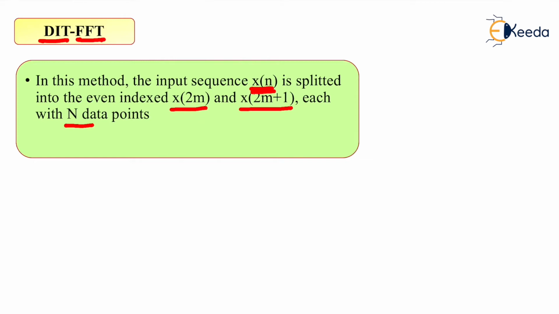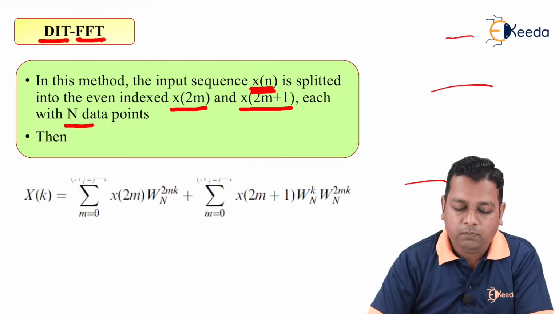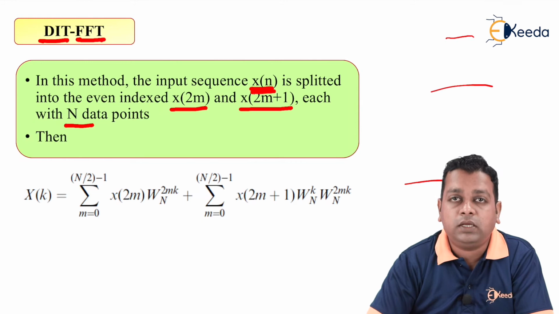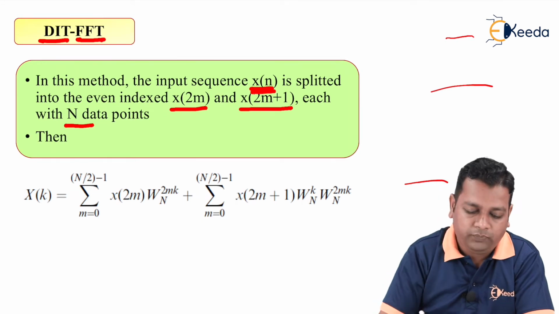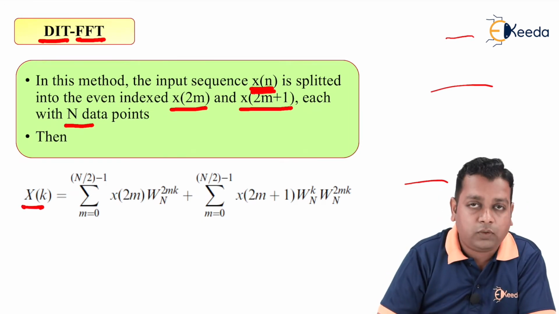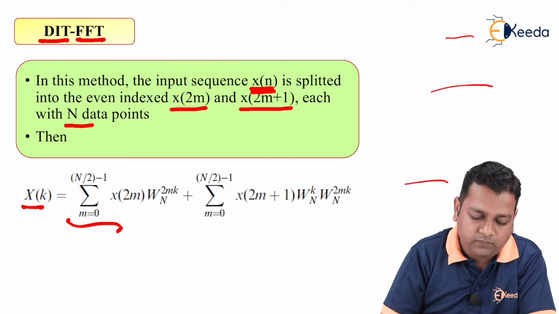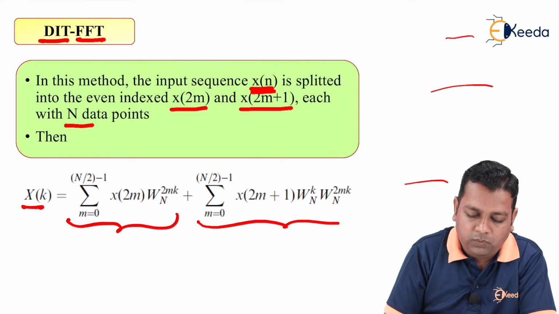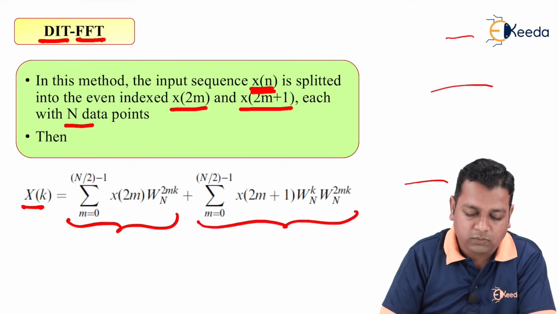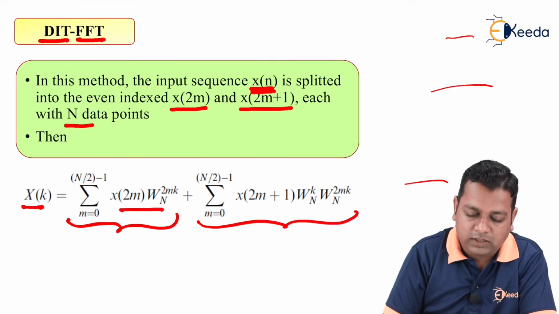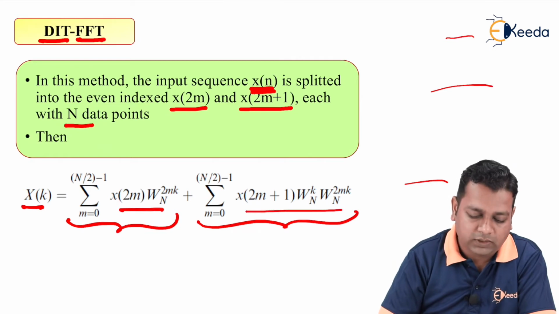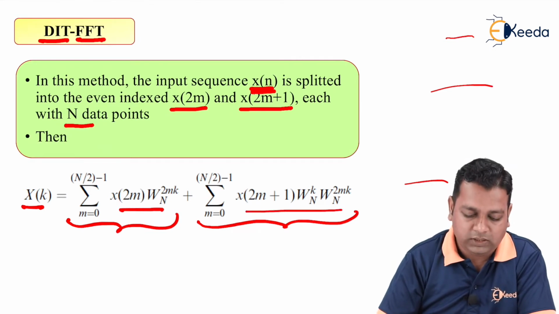Now understanding this formula for DFT, we have this splitting. By this splitting, we can represent the new formula for DFT, capital X of k, as two terms. In both terms we have the multiplication inside and the summation outside.